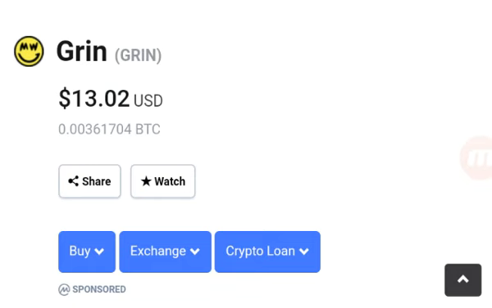And what this does is, with the price, if you think about it, Grin's trading at about $13 right now, Beam's trading at $2, Bitcoin MYK is trading around 60 to 70 cents, right?